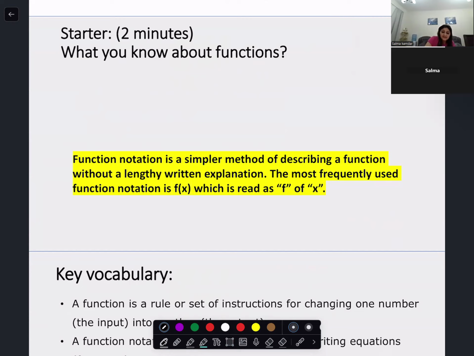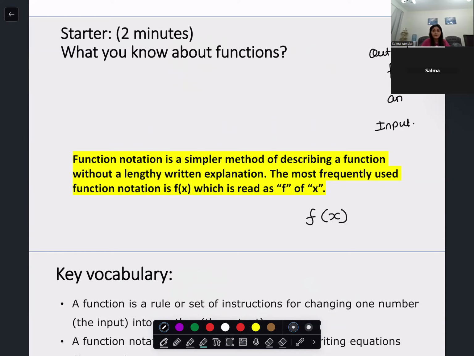It basically gives you your output for an input. Function will give you an output for an input, and the most frequently used function notation that we have is f bracket x, which is read as f of x.